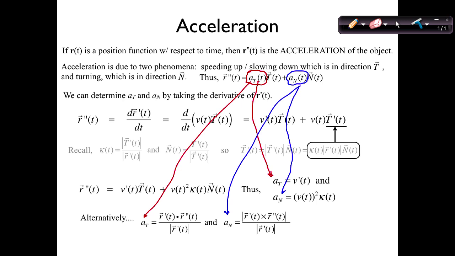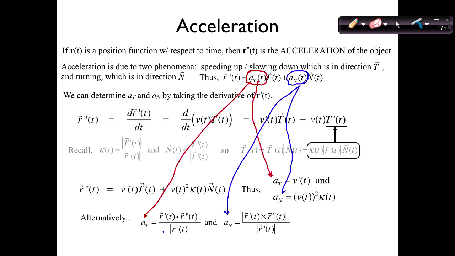So in terms of calculating a_t and a_n, when you start with a vector function, these are going to be easier. It's an alternative way to get these right here. Okay? And then remember, are these scalar functions or vector functions? Scalar. So if I wanted the vector function of tangential acceleration, what would I do?